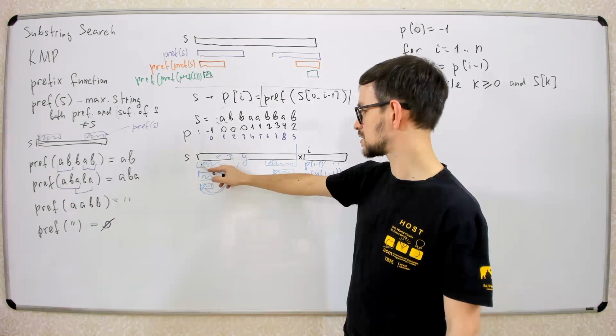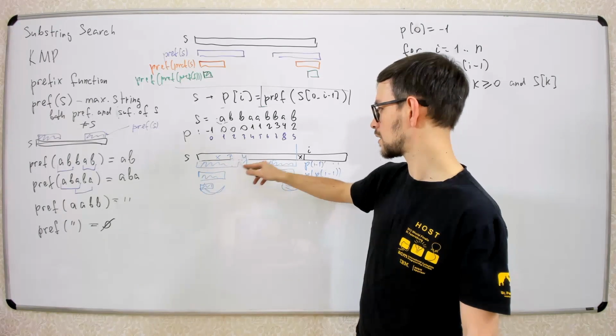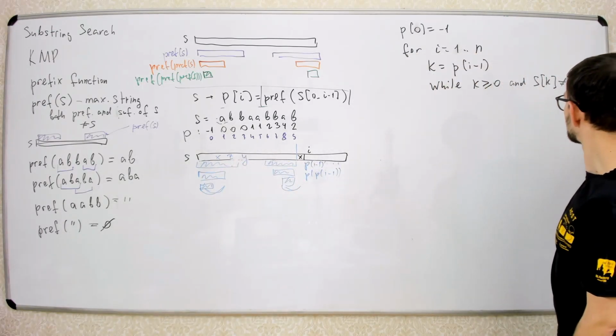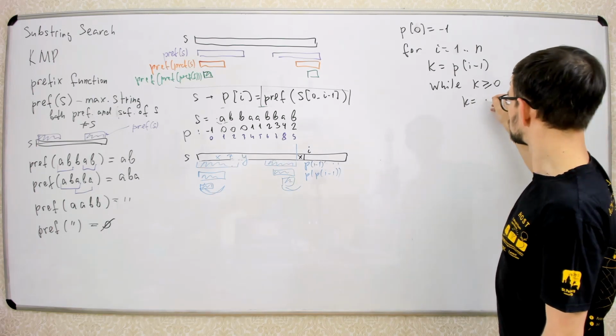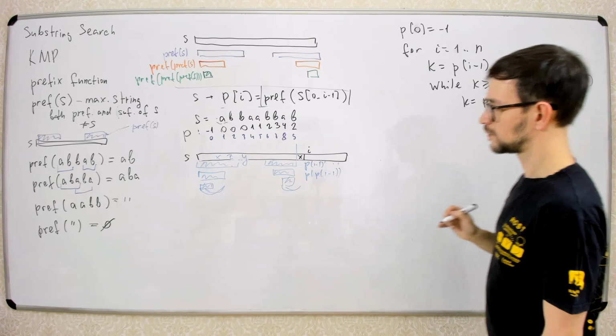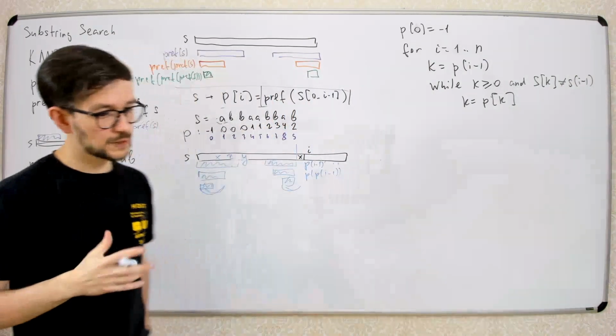So these indices are from 0 to k minus 1. So if the character at index k is not equal to s of I minus 1, we just continue to the next prefix, like this.